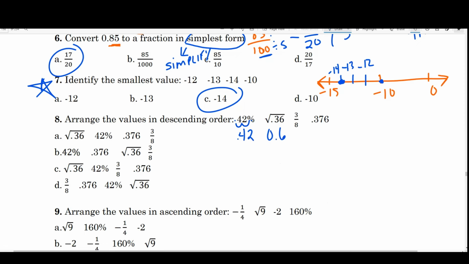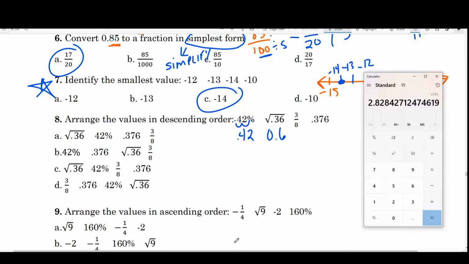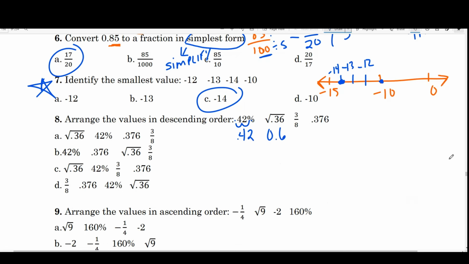We do the top value divided by the bottom value, and I think that gives us 0.375. And then we have 0.376. All right, so the question is asking for descending. Descending means greatest to least.